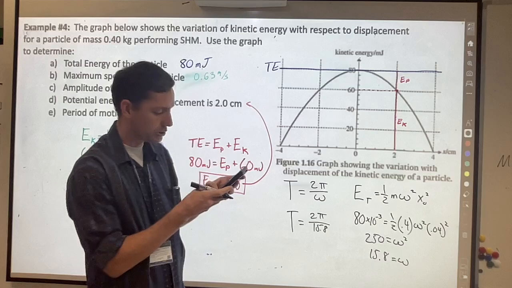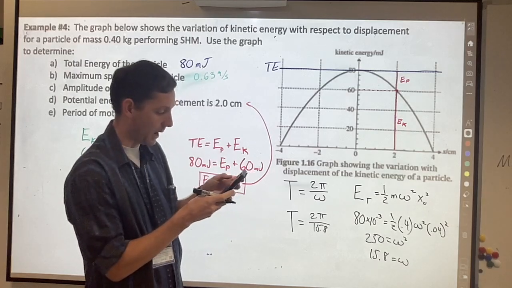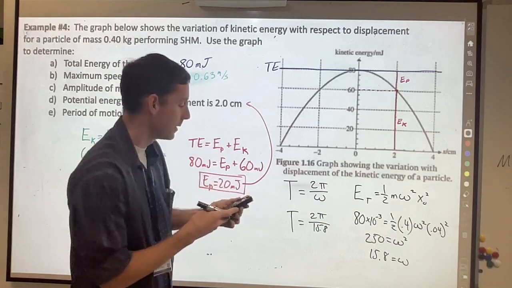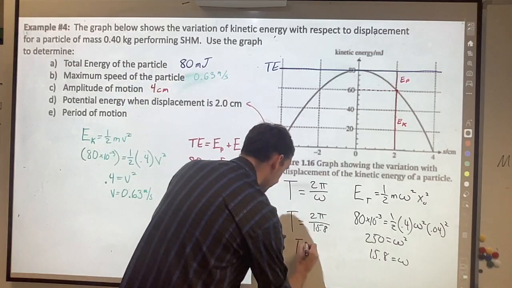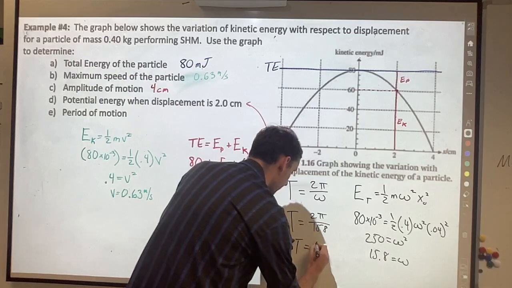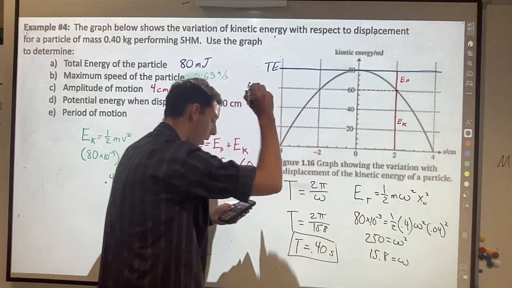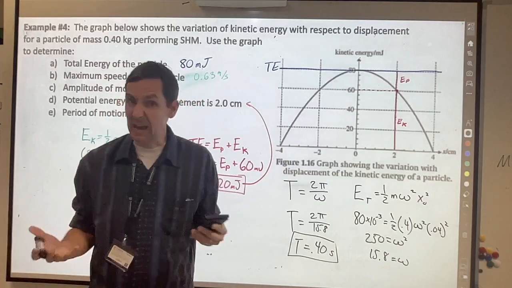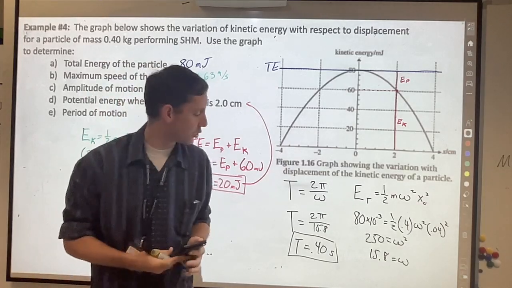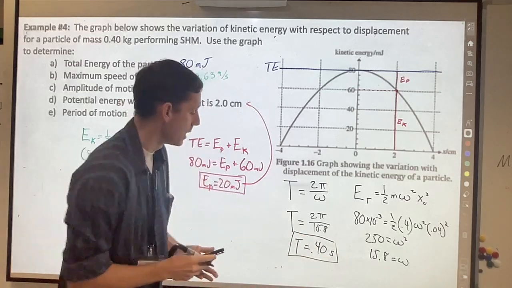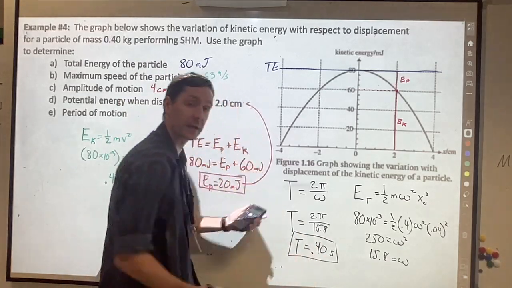So I go 2 times pi divided by 15.81, and I get that the period is equal to 0.40 seconds. It's 0.397, but I need 2 sig figs, so I write it as 0.40. And that is the final answer for the period.